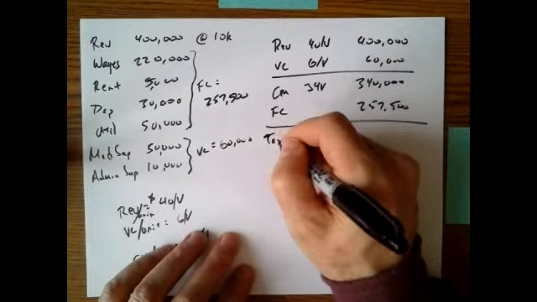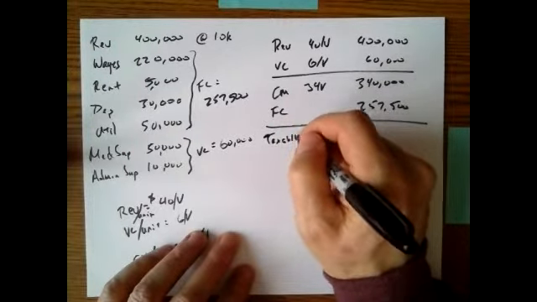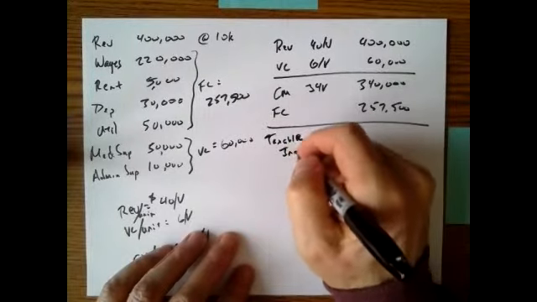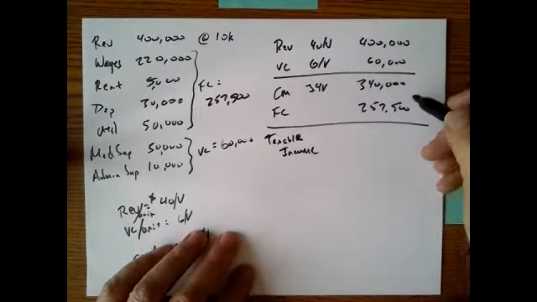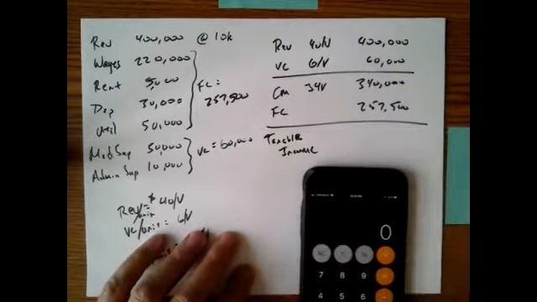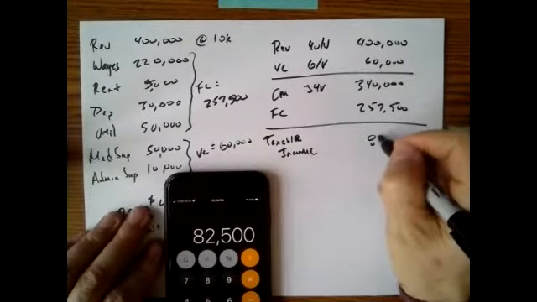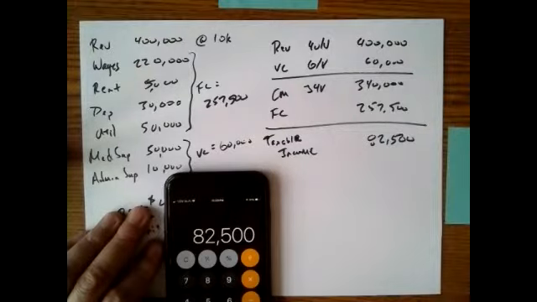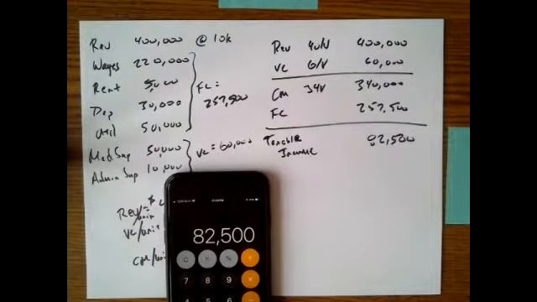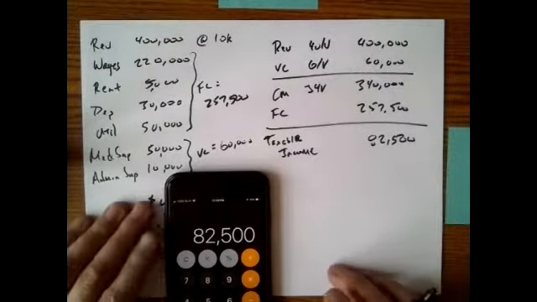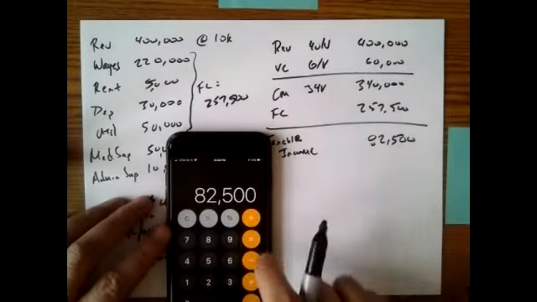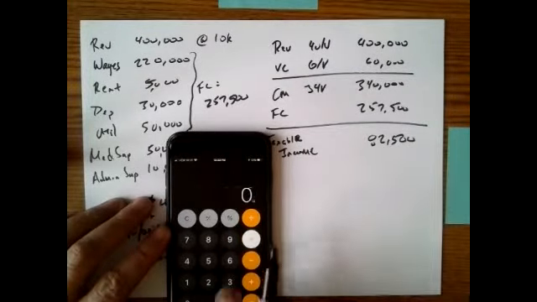So our taxable income is going to be 340 minus 257. So 340,000 minus 257,500 gives us 82,500. And then that is going to be taxed at a 30% rate. So taxes will be 82,500 times 0.3.